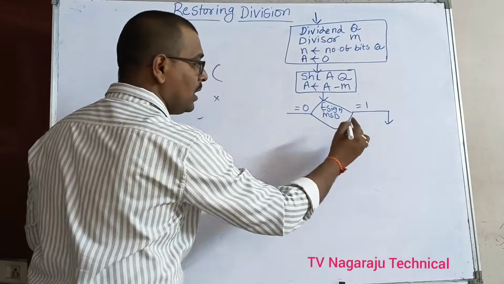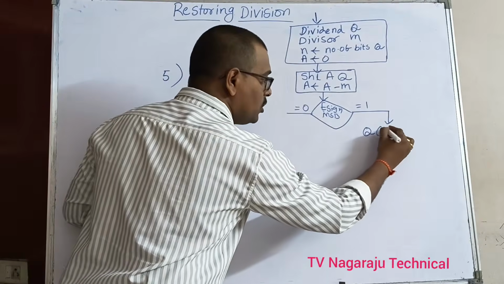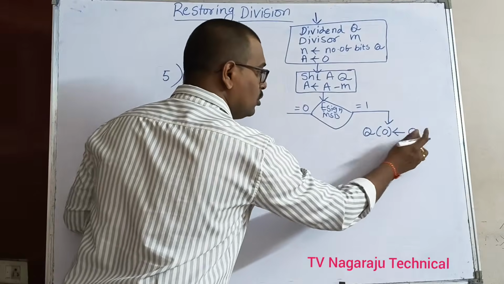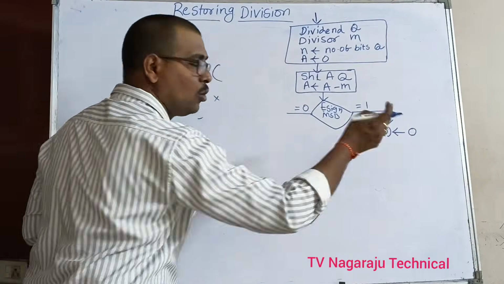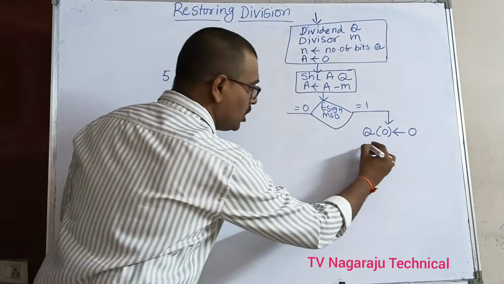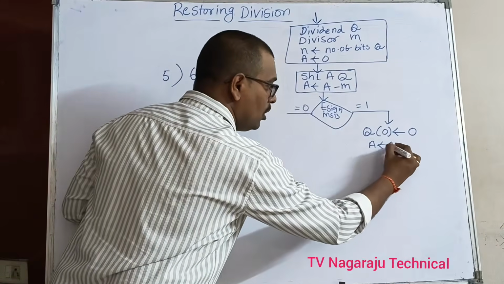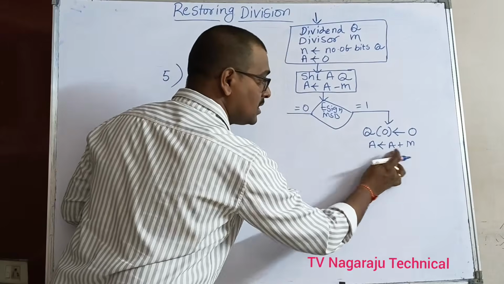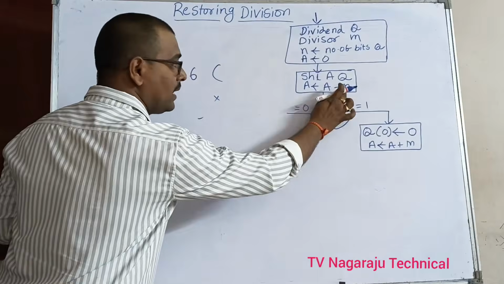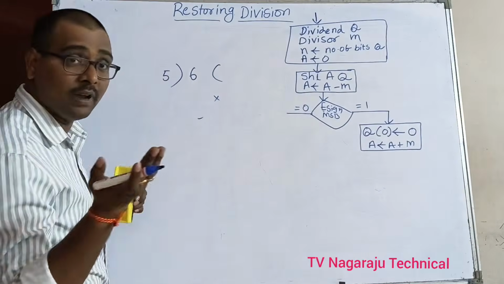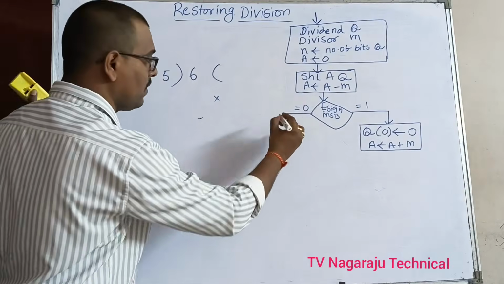Now, here the sign is equal to 1. What do we do? Simply Q0 is equal to 0. That means it is not possible to divide, so the quotient bit is 0, and A is equal to A plus M. This step is called the restoring step. Here we subtracted the divisor, and now we add the divisor back, which means we get the original value.